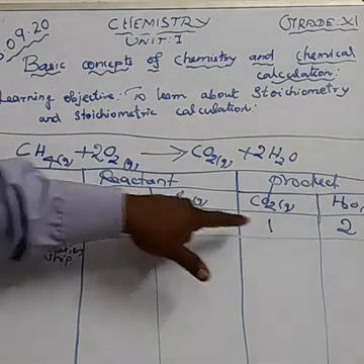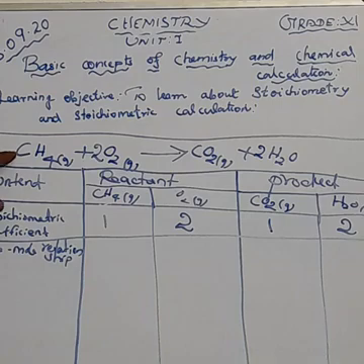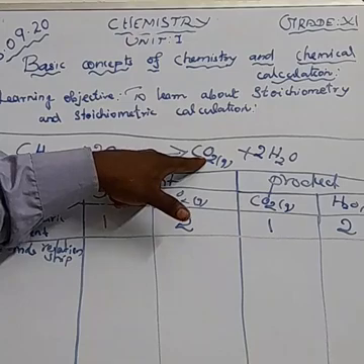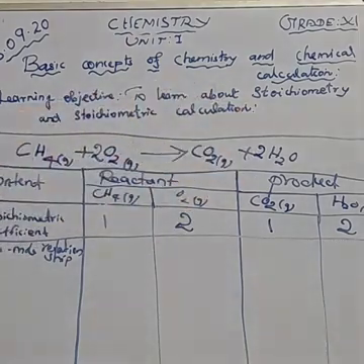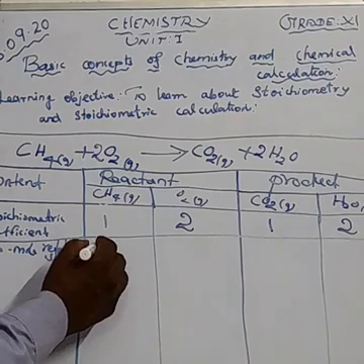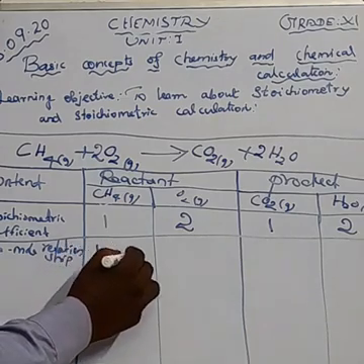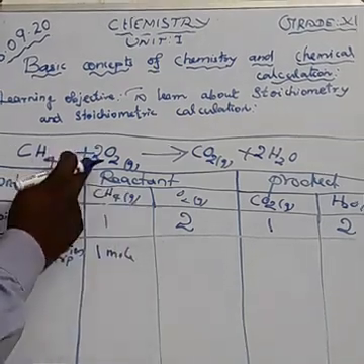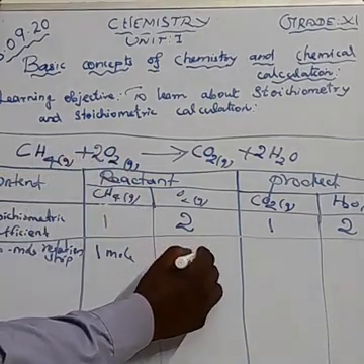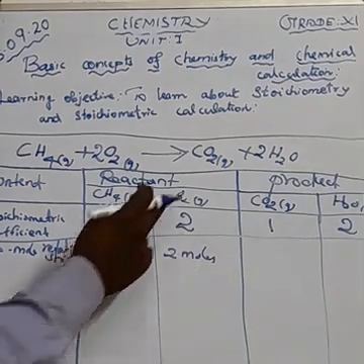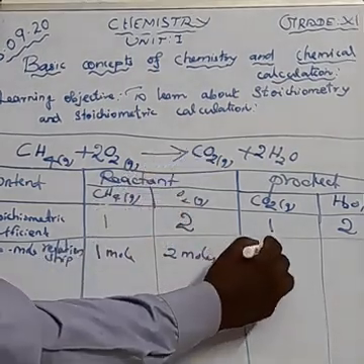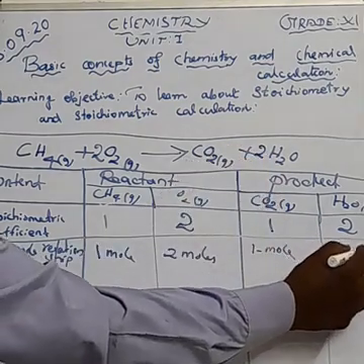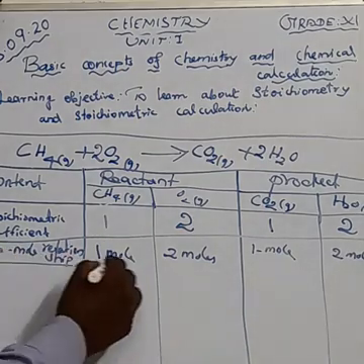Same as the answer, only same. 1 mole of methane, 2 moles of oxygen, 1 mole of carbon dioxide, 2 moles of water. Write 1 mole of methane. Then, as per the equation, how many moles of oxygen? 2 moles. Next, carbon dioxide, how many moles? 1 mole. Then water, 2 moles. Can you write?